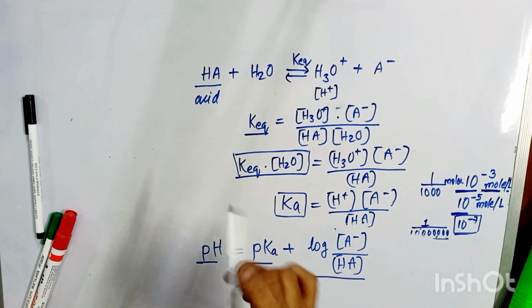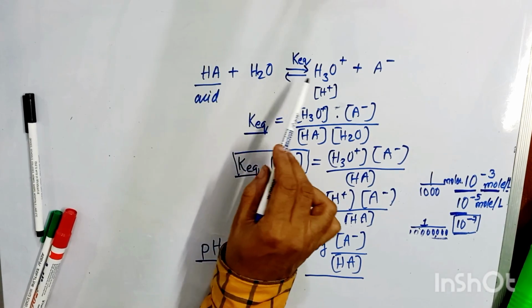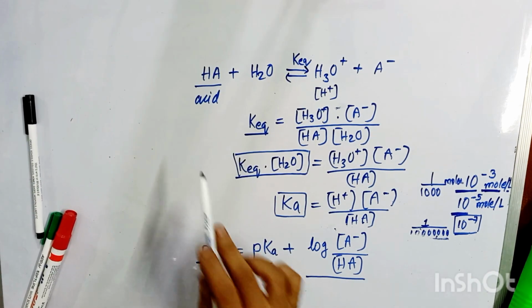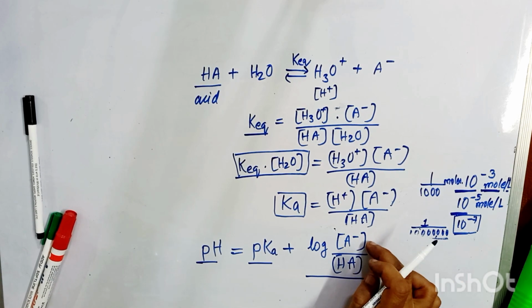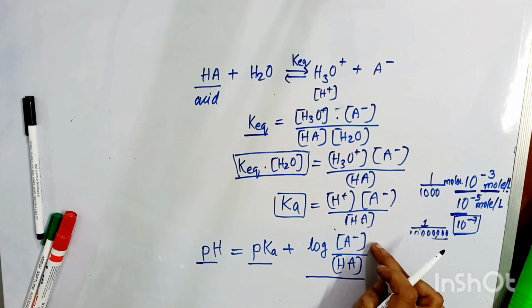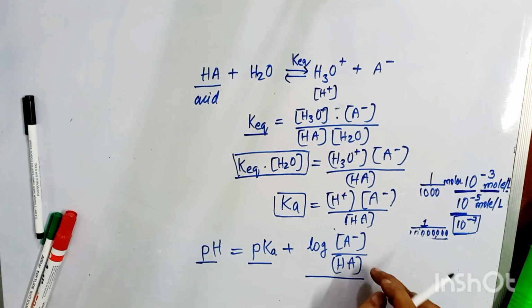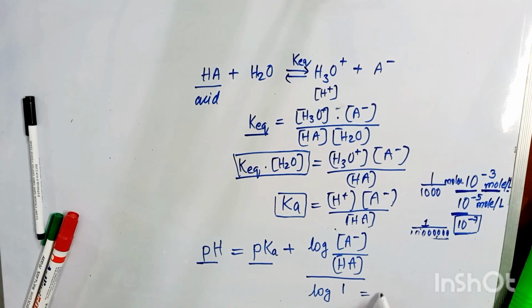Say this liberation of hydrogen has taken place and developed into a dissociated form, represented by A minus, and the undissociated form represented by HA. If these two amounts go equal, we get a value of log 1, which is actually 0.